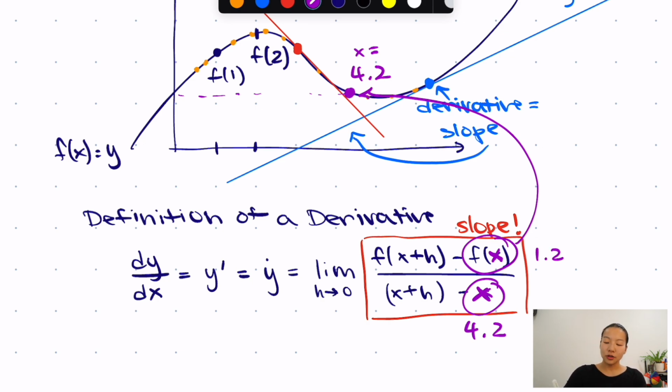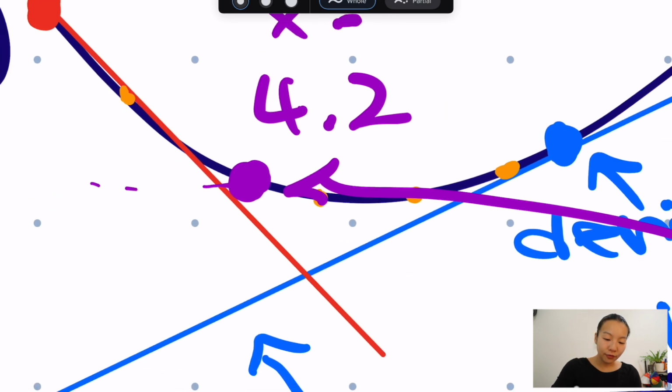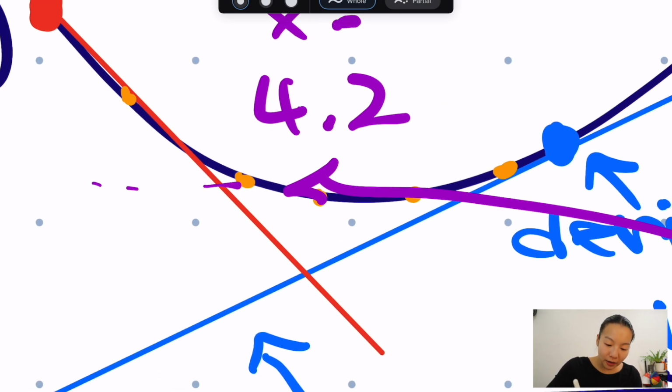Now this notation means h is going to get really, really small. So if we said h is 1, then x plus h is just going to be 4.2 plus 1, so 5.2. But what we're saying is we're going to make h super small, like you can't even see it with your eyes small. If our x is here, then our x plus h is going to be right there.